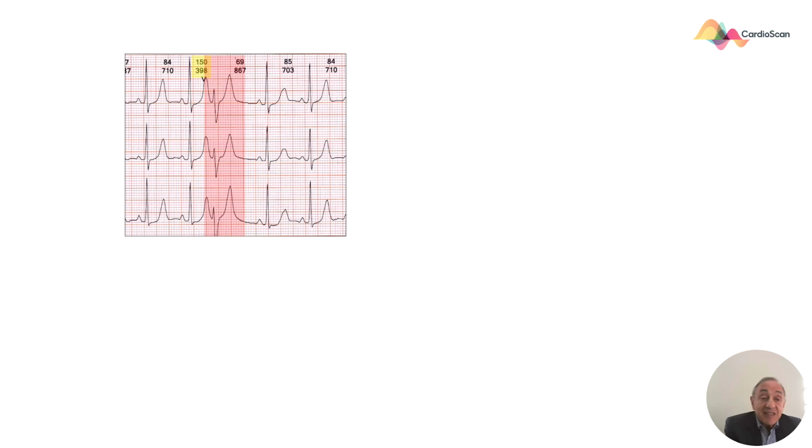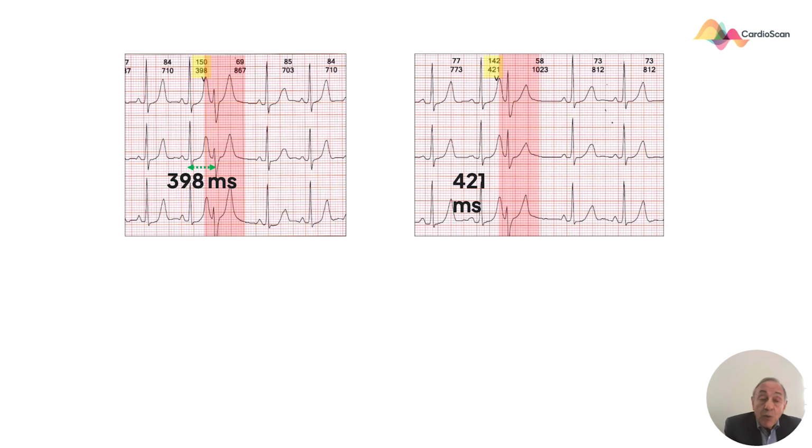So here is the same illustration again, and the coupling interval, in yellow highlight, which I've highlighted to be seen easier, is from the peak of the R wave of the sinus-generated beat to the so-called ectopic. When it's slightly later, from 398 to 421, one can already see a change in the QRS configuration.